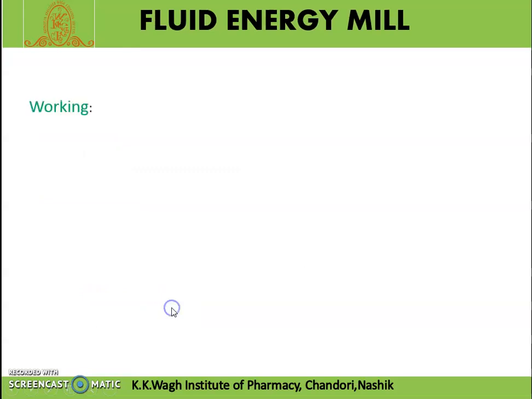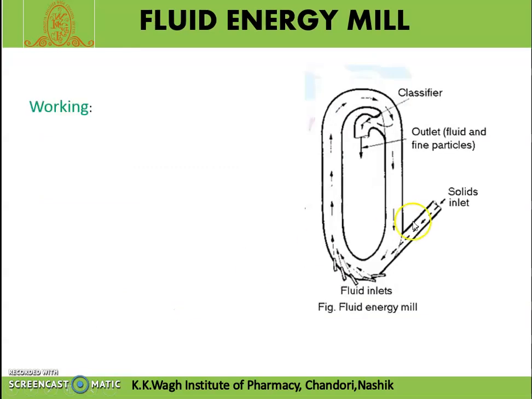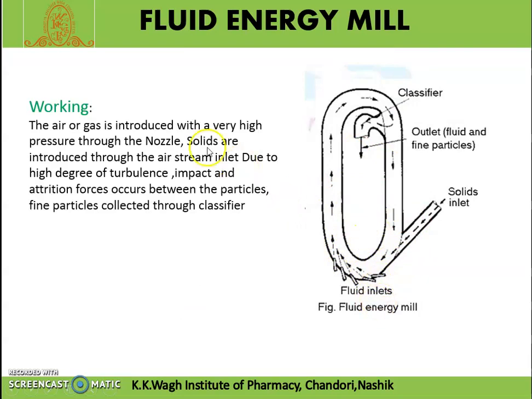Then we see the working of the fluid energy mill. This is the diagram of the fluid energy mill. The air or gas is introduced at very high pressure through the nozzle. Through this nozzle, solids are introduced into the air stream. Due to the high degree of turbulence, impact and attrition forces occur between the particles.